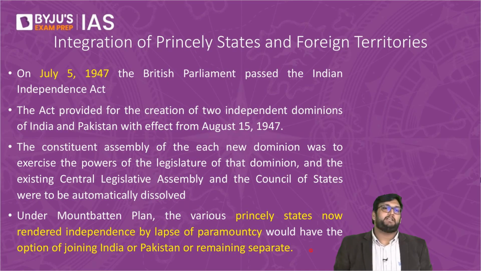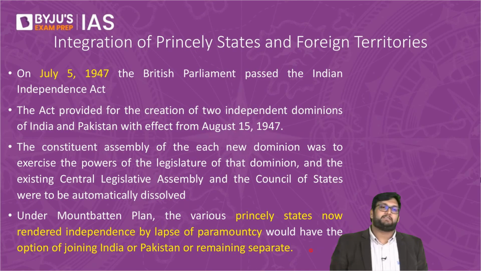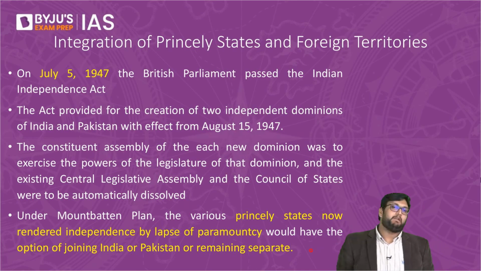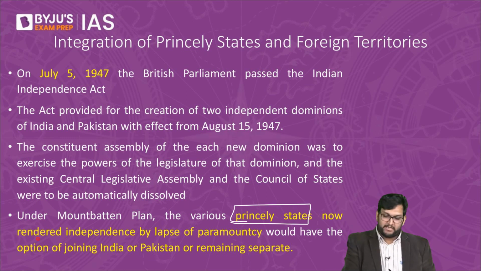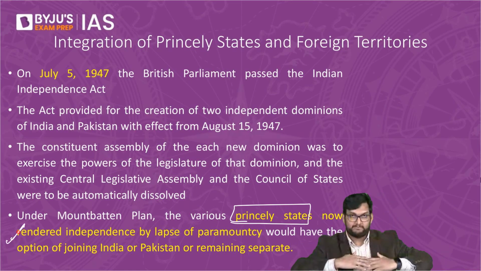The act provided for the creation of two independent dominions, India and Pakistan, with effect from August 15, 1947. The Constituent Assembly of each dominion was to exercise power, and the Central Legislative Assembly and Council of State were abolished. However, under the Mountbatten Plan, princely states were now rendered independent by lapse of paramountcy.